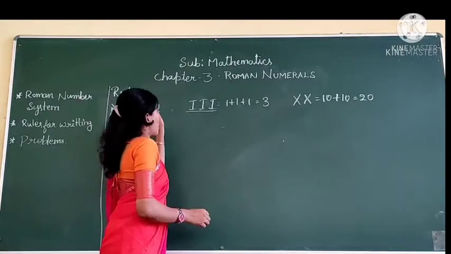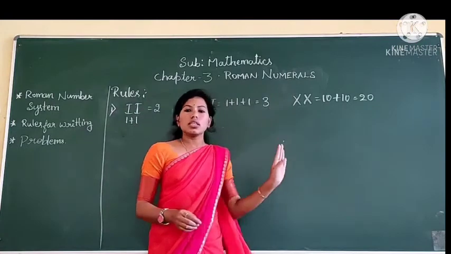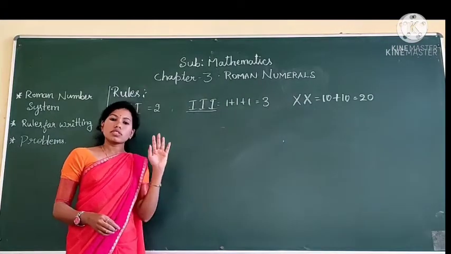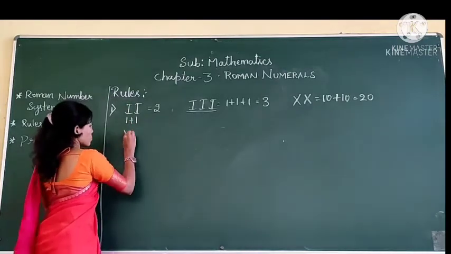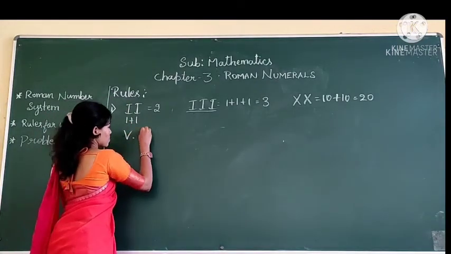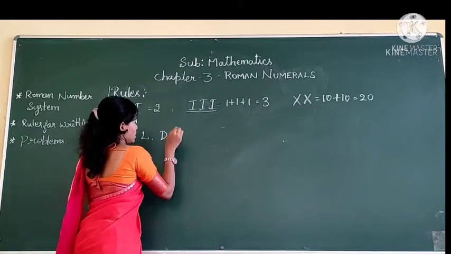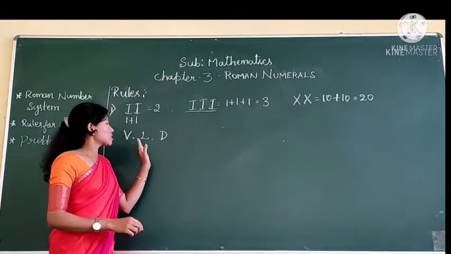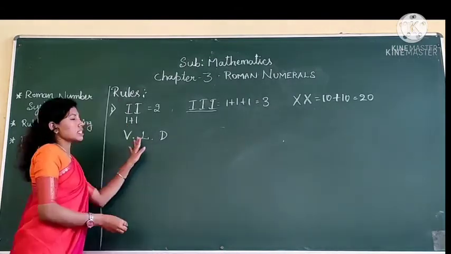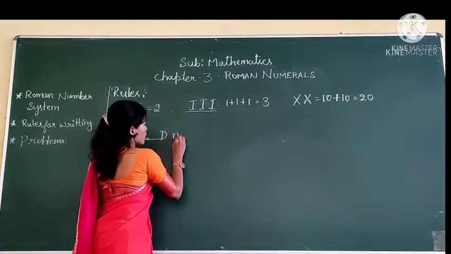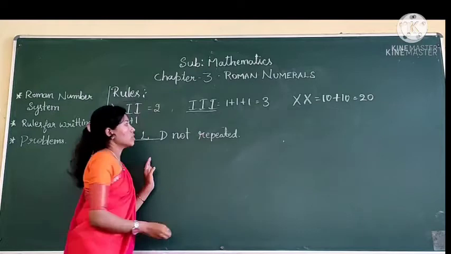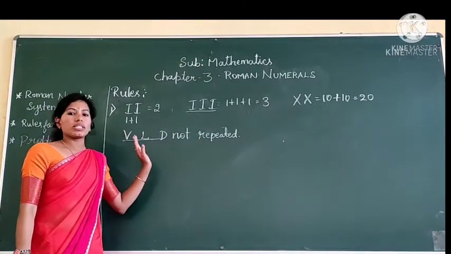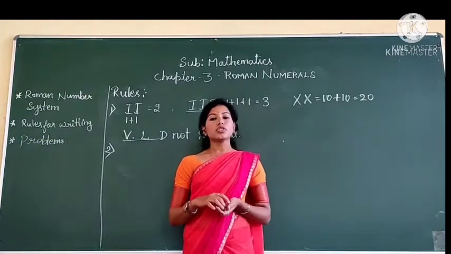I, X, C and M can be repeated thrice, but V, L and D cannot be repeated. These letters come only once. Now come to the second rule.